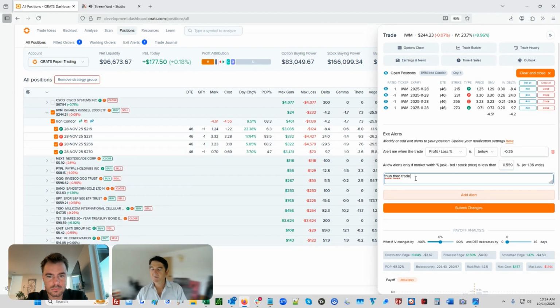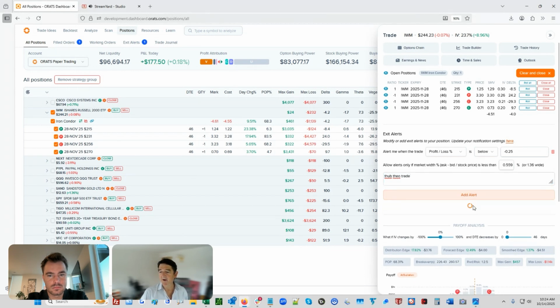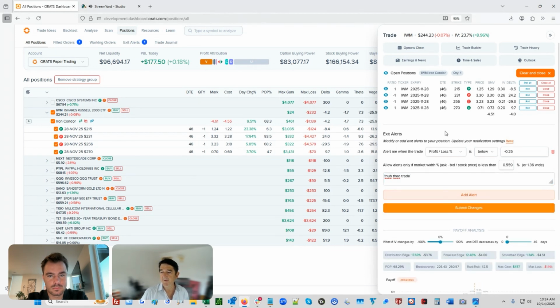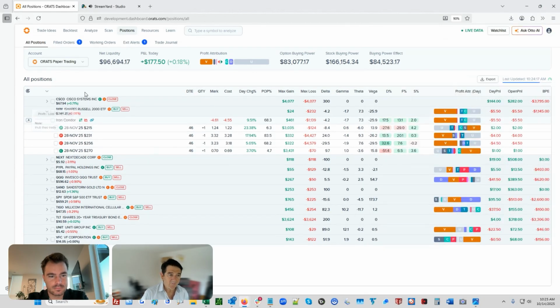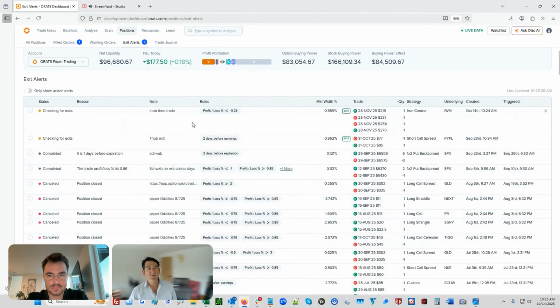So I'll get a text and I'll go, what was that? This is the trade that we put on in the Trader Hub, and now we have an alert over here that shows up, and then it goes in with my other alerts, and I can monitor these alerts.